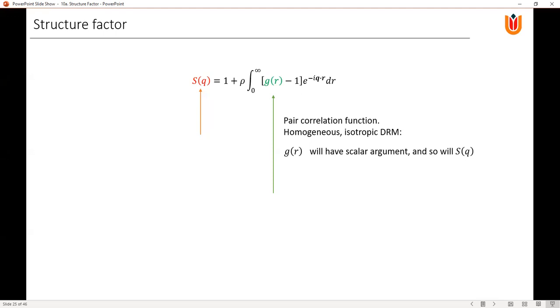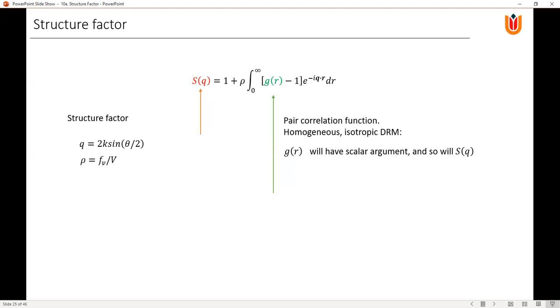So we don't have to do any complicated calculations. Q, just as a reminder, was 2k times the sine of half the scattering angle. So that describes the geometry of the experiment. Rho was the volume fraction divided by the volume of the particle.